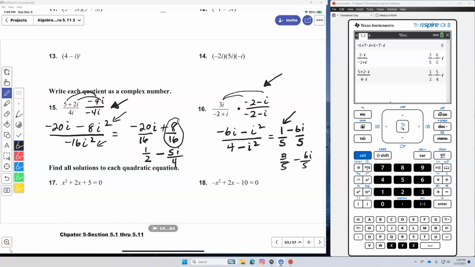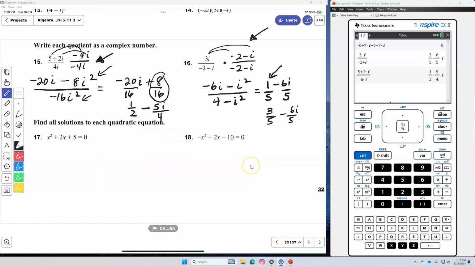So I'm going to go ahead and do number 17 and 18. So number 18, I'm going to solve using the quadratic formula. It is equal to 0, so a is equal to negative 1, b is equal to 2, and c is equal to negative 10. So we have x equals negative 2 plus or minus the square root of 2 squared minus 4 times negative 1 times negative 10, divided by 2 times negative 1.